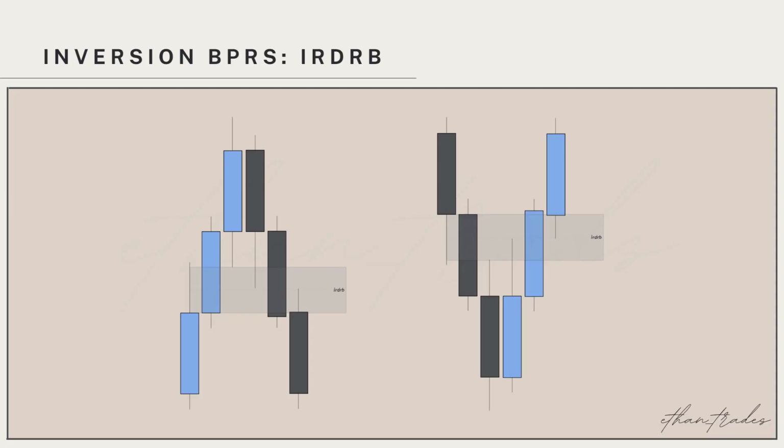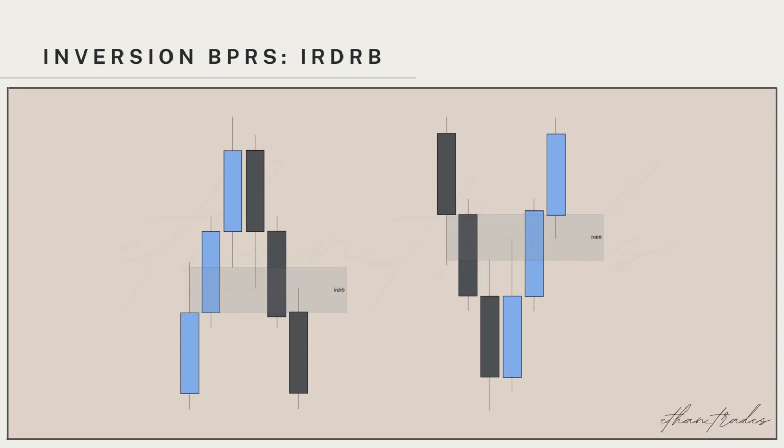Inversion RDRBs definitely have their time to be used, and I would recommend against using them just anywhere, because in my experience, they just simply haven't had the greatest probabilities. The only time I would use an inversion RDRB is if it was a part of a true market structure shift. So until you learn what a true market structure shift is, I would just note this down, but not pay too much attention to it for the time being.